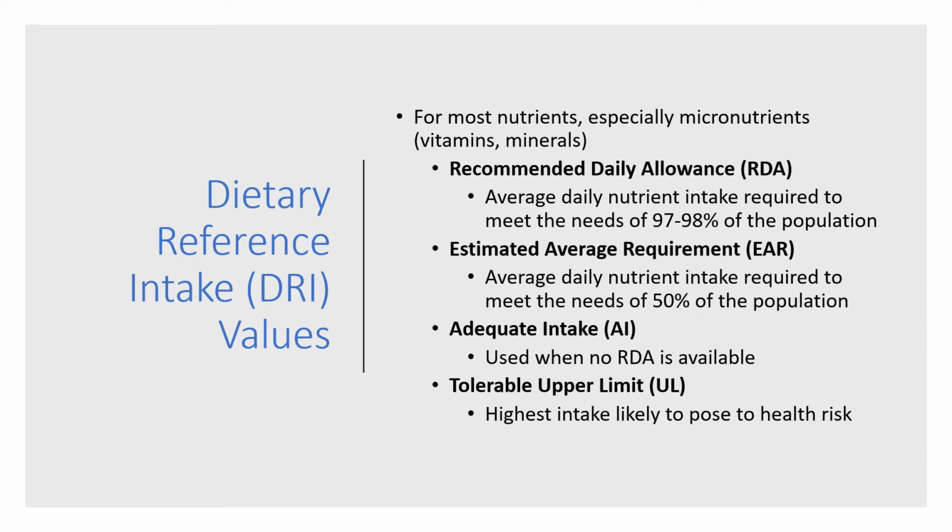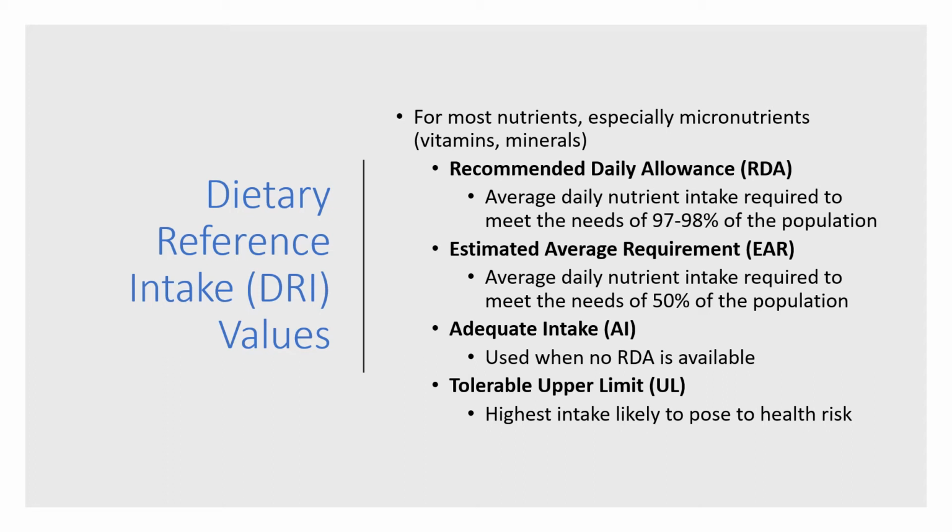So for some nutrients, we don't really have a large enough body of information yet. And so an upper limit has not been established. But there are also some nutrients, like several of our B vitamins, that don't actually have an established upper limit because the body is pretty efficient at processing out and getting rid of any excess of that nutrient.